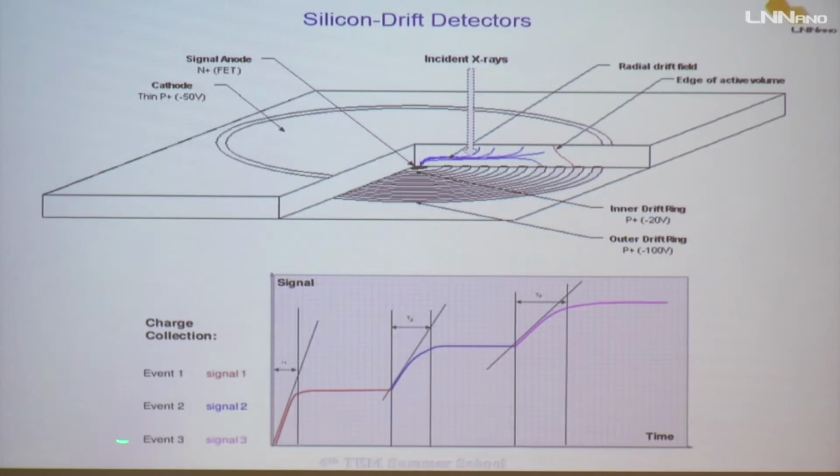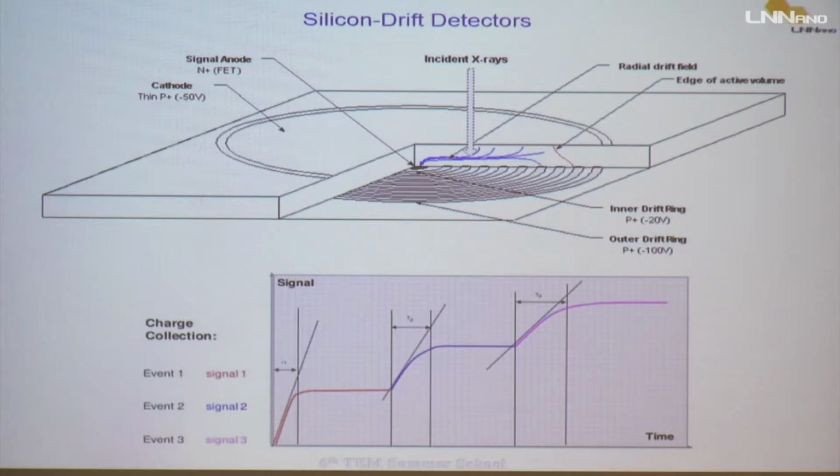Well, these are the new detectors that are similar to what we have here now. It's an SDD detector. The difference is that I no longer have a cylindrical detector where the photon arrives from one side and is measured on the other side.